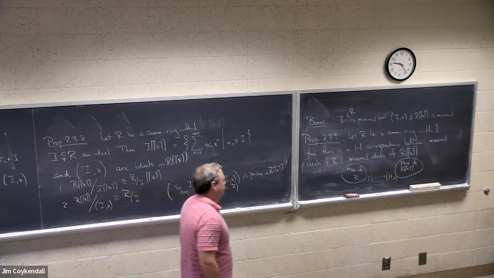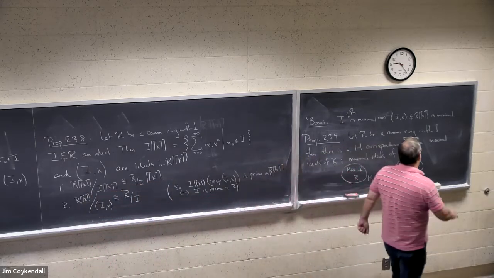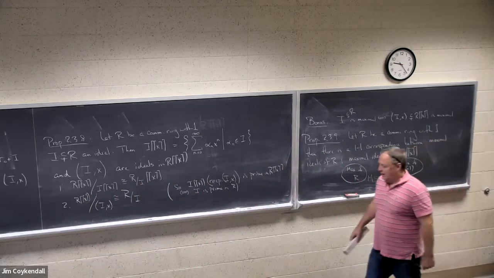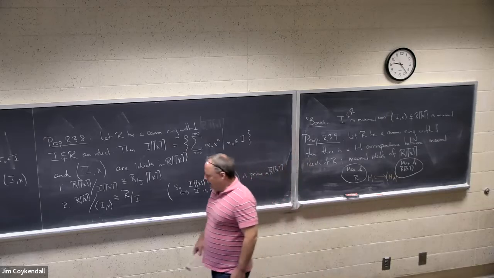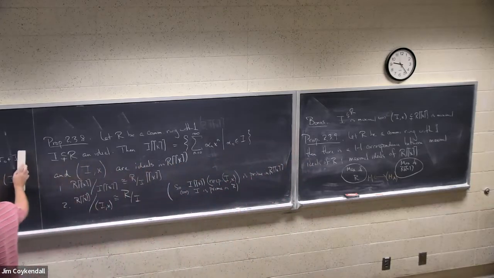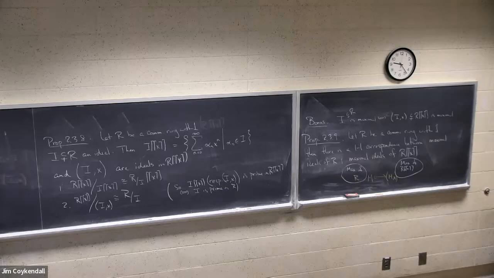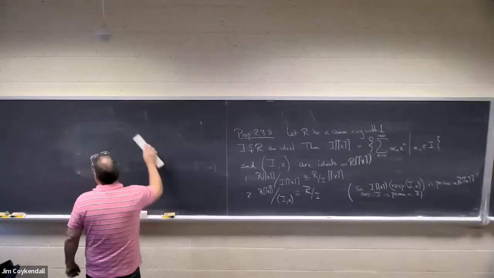Let me shake this one out, because this one's a big one. That is, given any maximal ideal M of R, (M, X) is a maximal ideal of R[[X]]. And the amazing thing is that's it. That's an exhaustive list, which is different from polynomials.